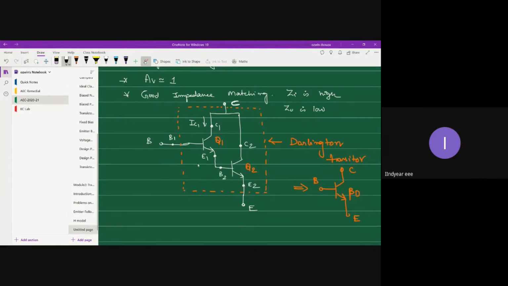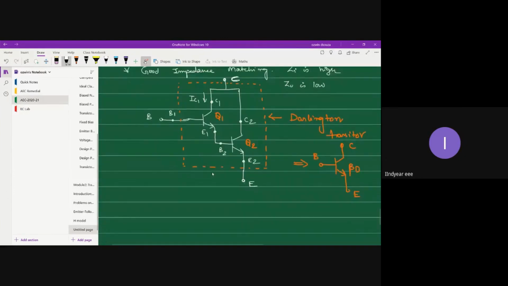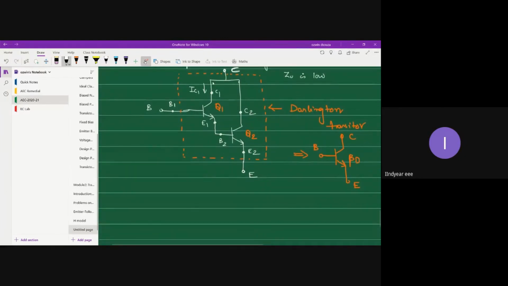I've just written the different terminals there. So this is IC1, IB1, IE1, IB2, IE2, IC2. Different current directions I have marked.